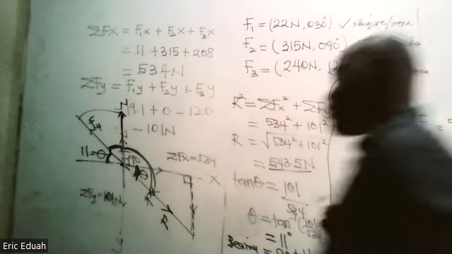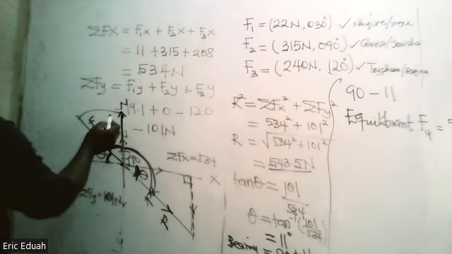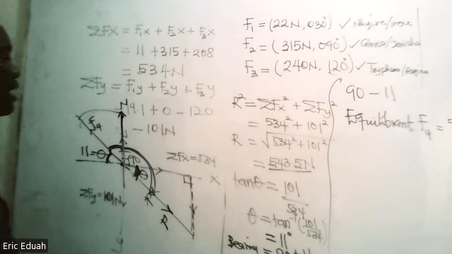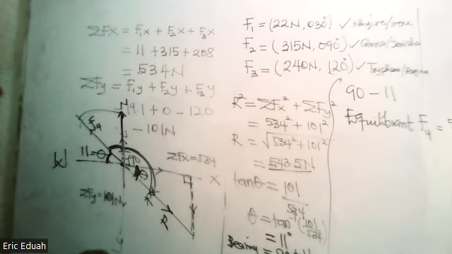I have to turn an angle of 79 degrees anti-clockwise, or you can express it in bearing form, 79 north of west. Somebody else can also take it this way.